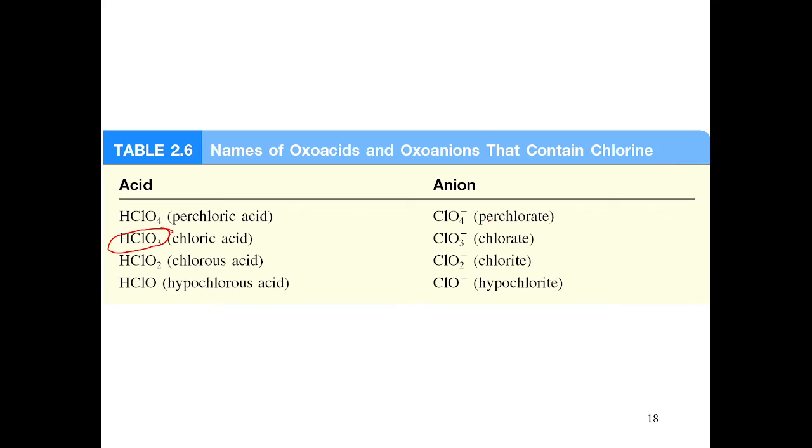And its counterpart anion will be perchlorate. So if from that we remove another oxygen atom, that will be chlorous acid. And its anion is named chlorite. And for the hypochlorous acid, that will be hypochlorite.